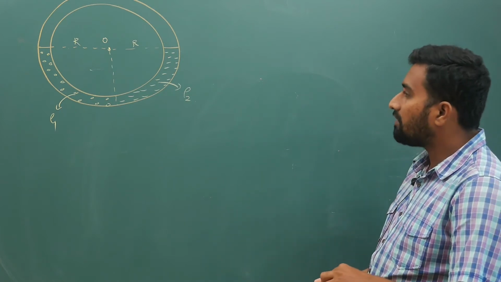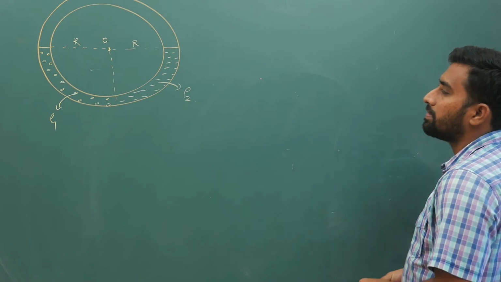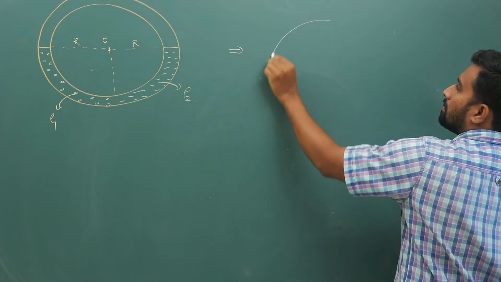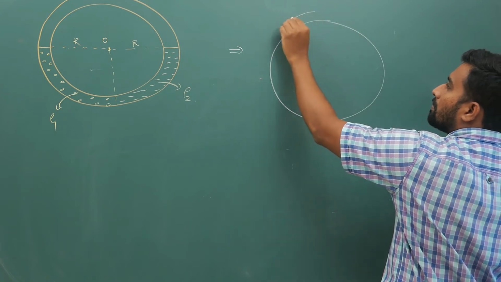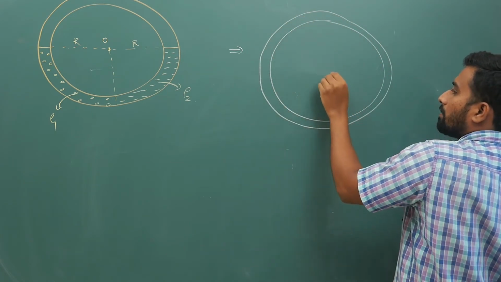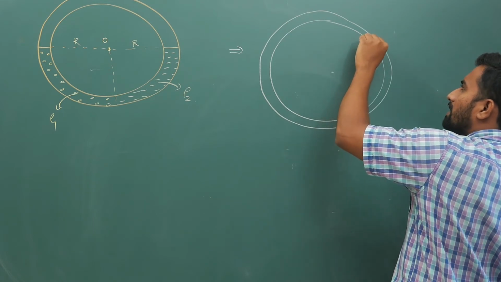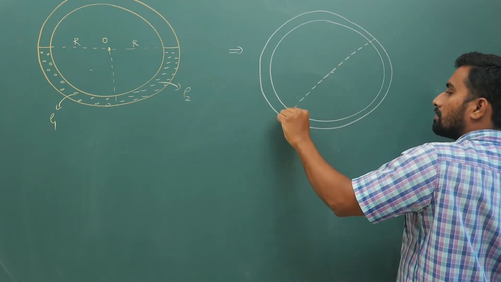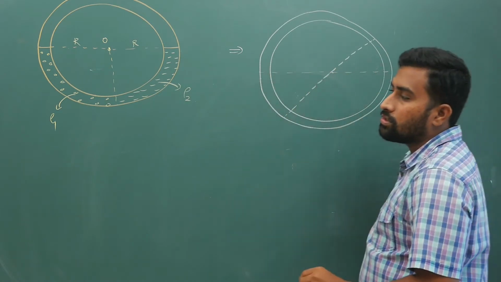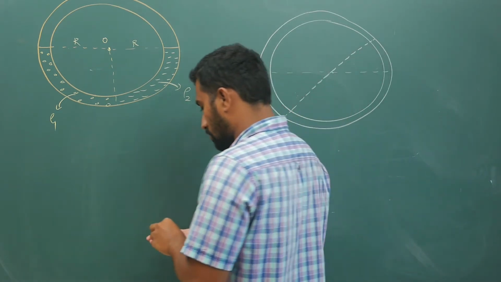After releasing, what will happen is your liquid will get tilted like this from the horizontal. Assume ρ1 is greater than ρ2.